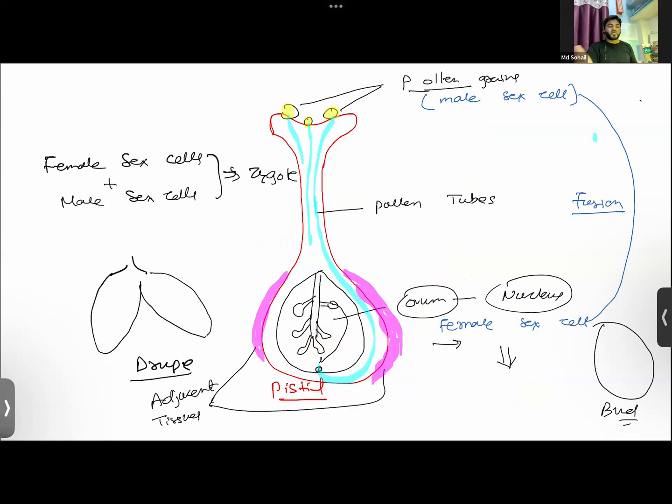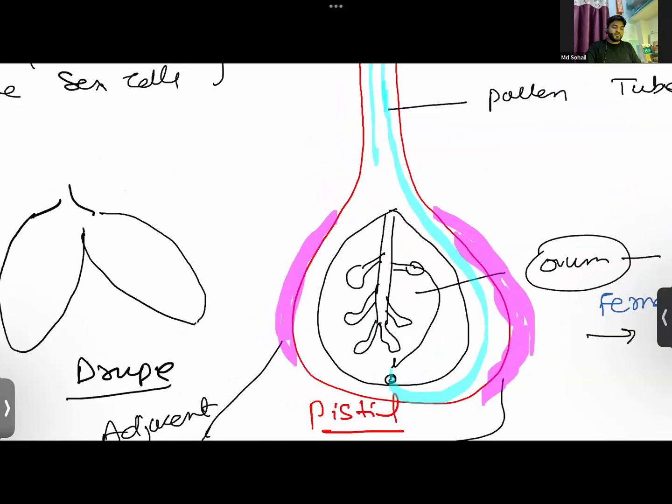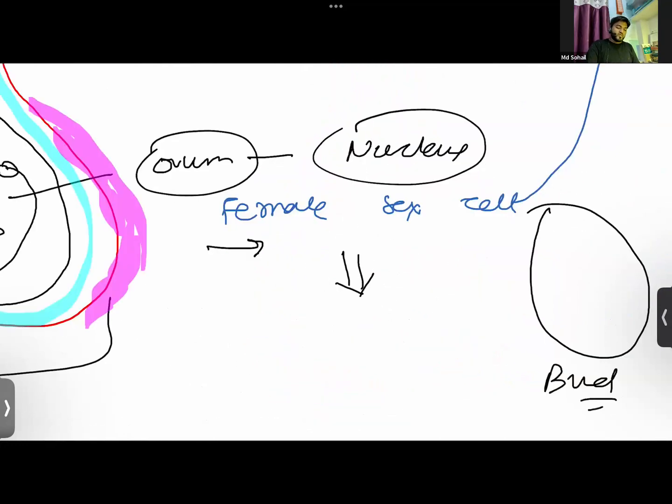And then later on it develops into a fruit. After the fertilization process is over, the ovary of the flower will start to grow. The ovary will start to expand.